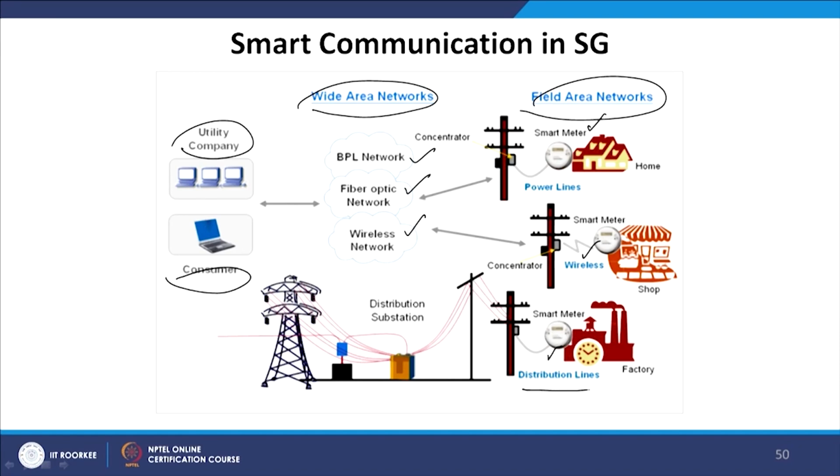This is my distribution lines, and the whole utility can connect to my home, shop and factory through smart meter data using field area networks as well as wide area networks. So, that means the communication between the users and the source can use communication as a platform for their interaction to make the grid smarter.